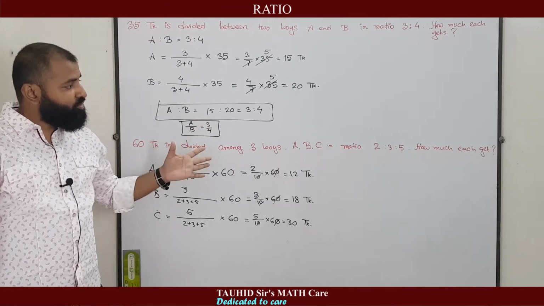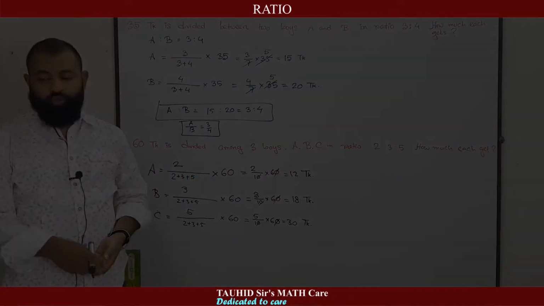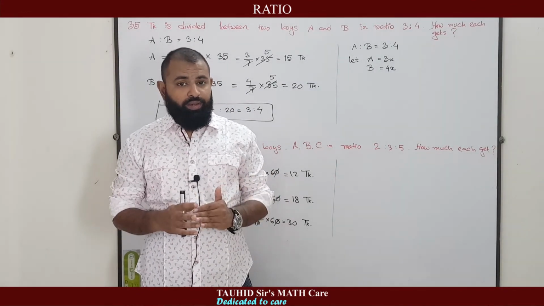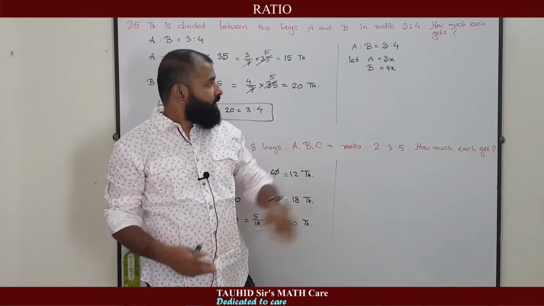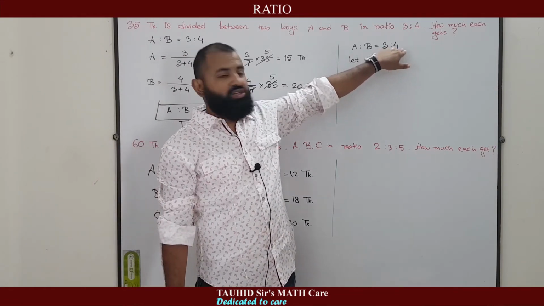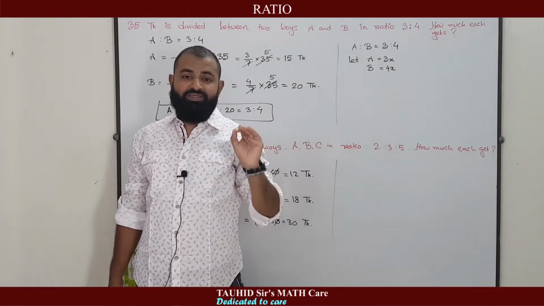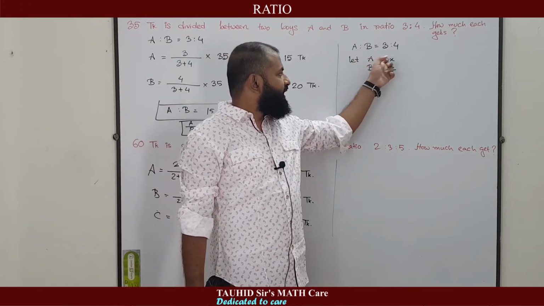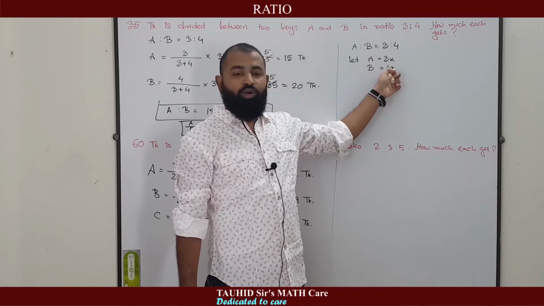There is another procedure, I will demonstrate that too. We will solve the maths now in an alternative way. Here you are given that A ratio B equals 3:4. That means if A gets 3 taka, B will get 4 taka. So we will assume that A equals 3x, B equals 4x.